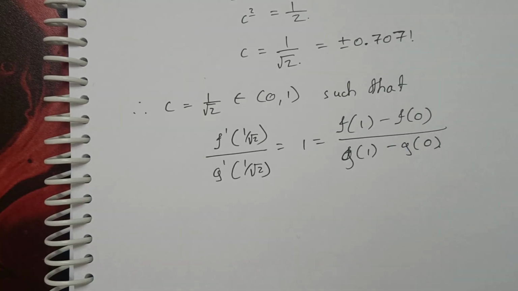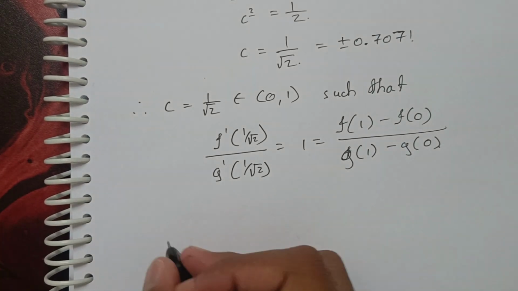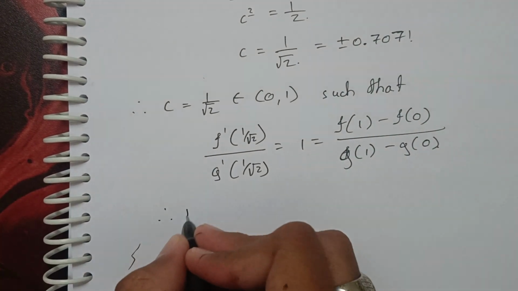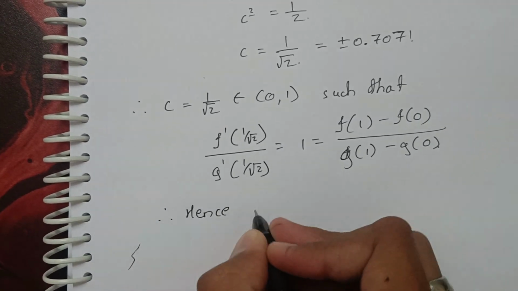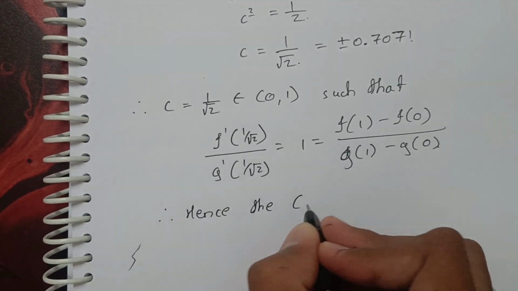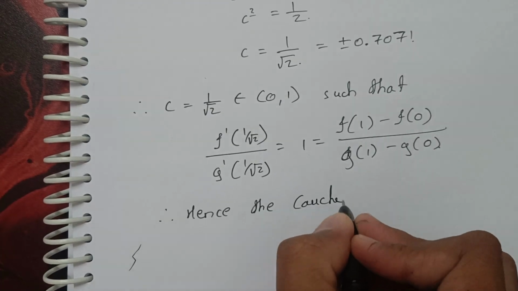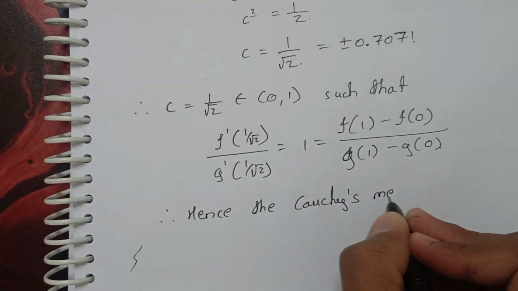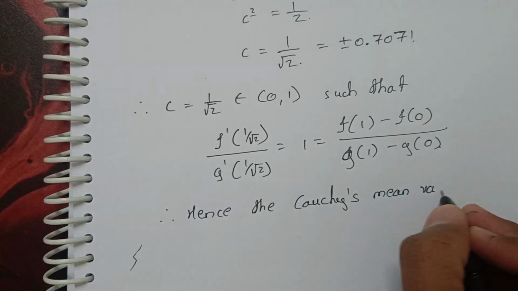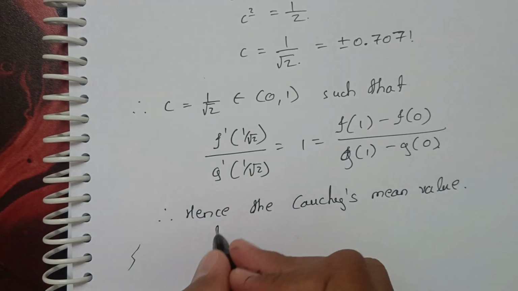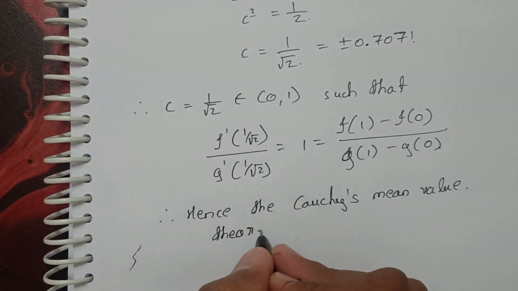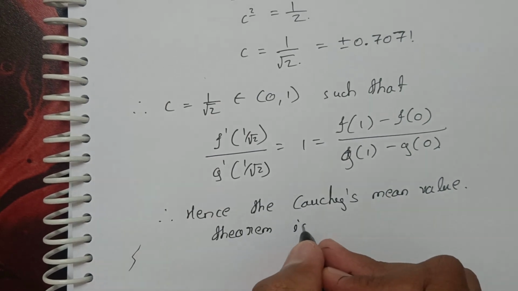So this is our answer. So hence it is proved. Hence the Cauchy's mean value theorem is proved.